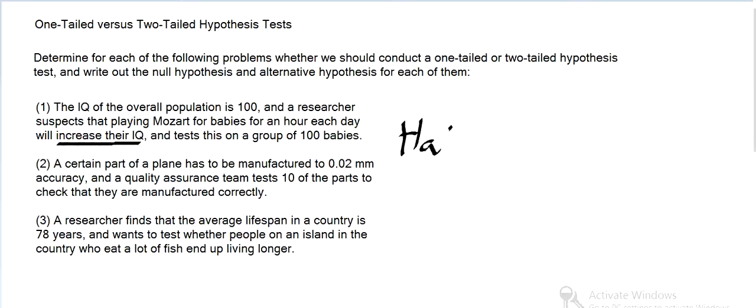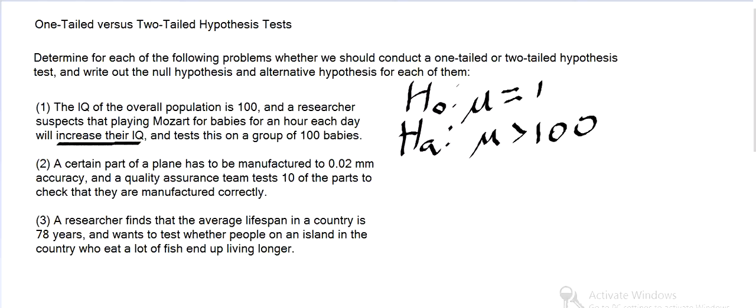So our alternate hypothesis is that the mean of the babies is greater than 100, and the null is that it's still equal to 100. So that's a one-tailed test.